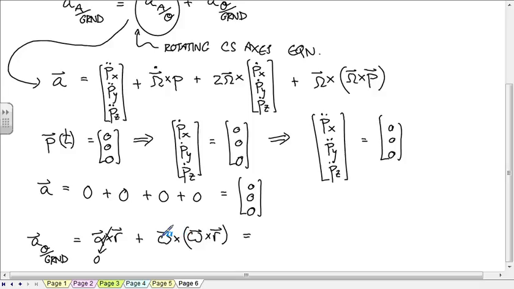What's omega? 0, pi, 0, crossed with 0, pi, 0, cross. And now, what's r? R is a vector from the center of the circular motion to the point. So that's going to be 0, 0, 5.